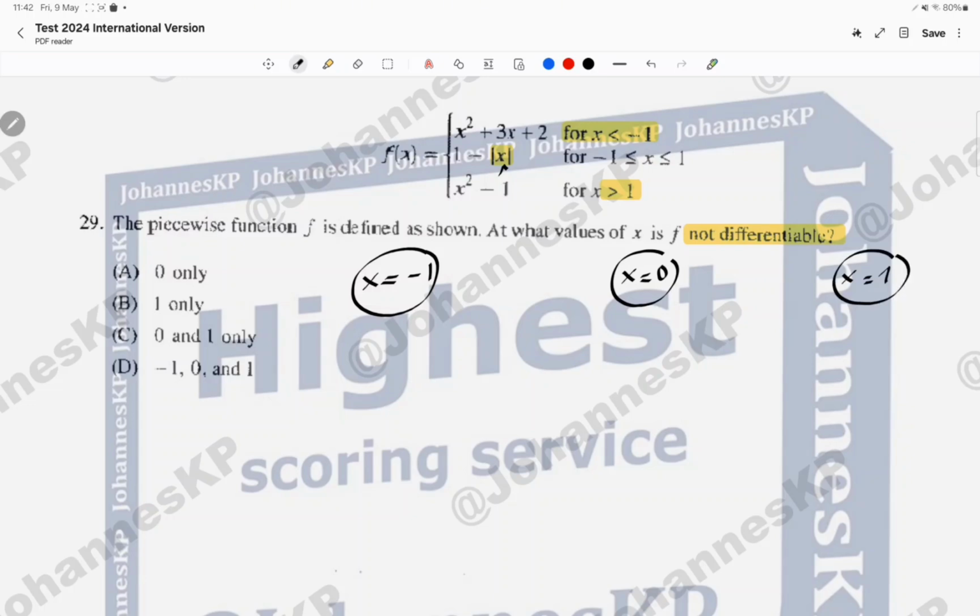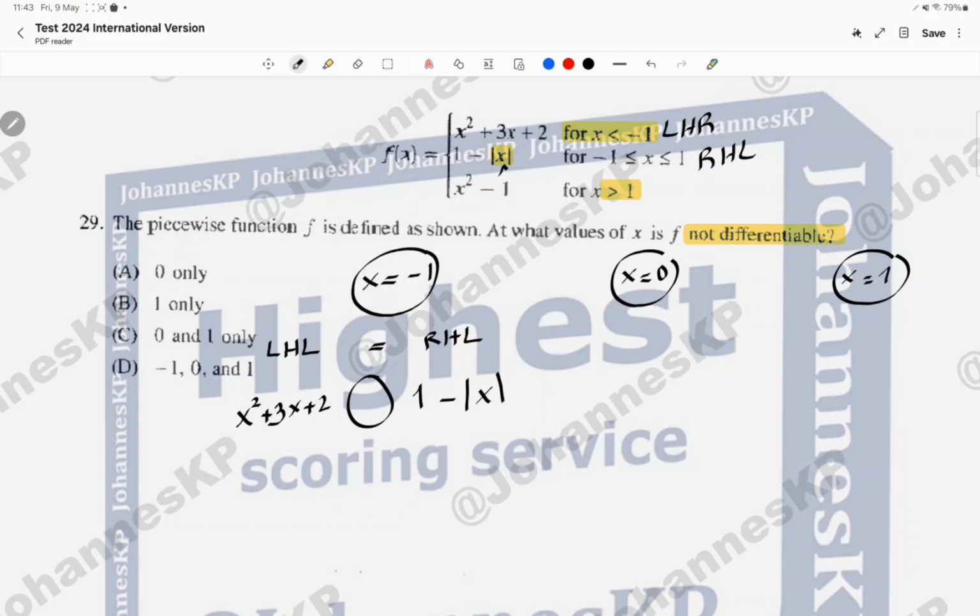Okay. Let's check first of all the continuity, which means does the left-hand limit equal the right-hand limit? That's the question. Left-hand limit, because it's less than -1, and right-hand limit, it's more than -1. So x squared plus 3x plus 2 on the left, and on the right we don't know if it's the same or not, 1 plus x.